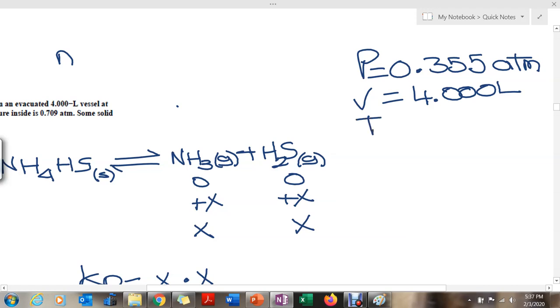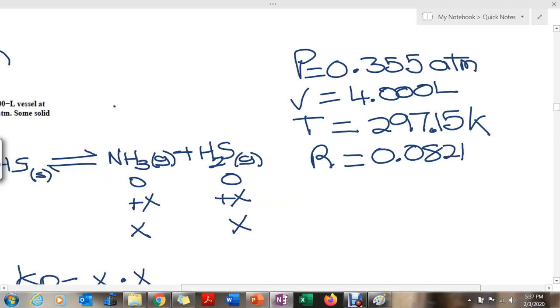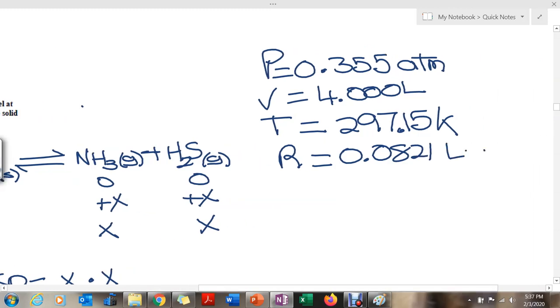The temperature in Kelvin is 297.15 Kelvin. And we have the constant, like I said, use exactly the value they give you on test, but I'm gonna give you this one. This is the one I use all the time, 0.0821 liter atmosphere per mole Kelvin.